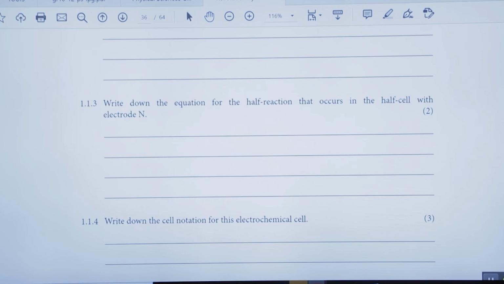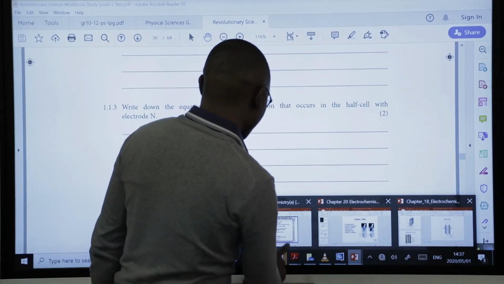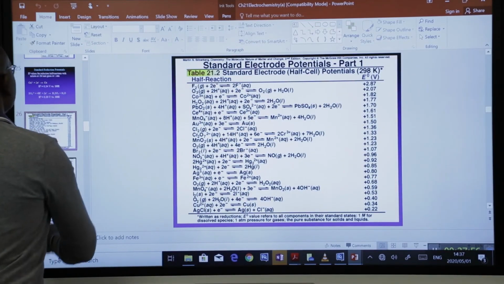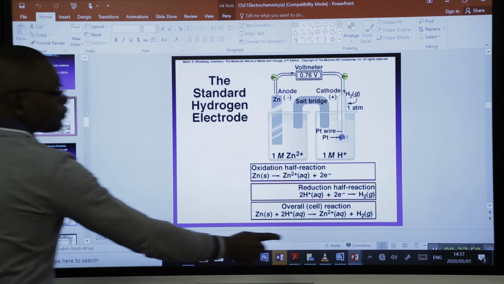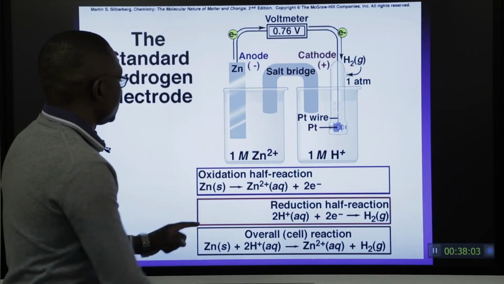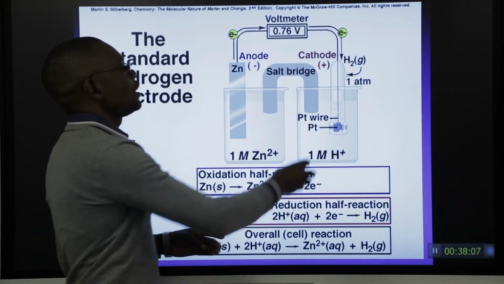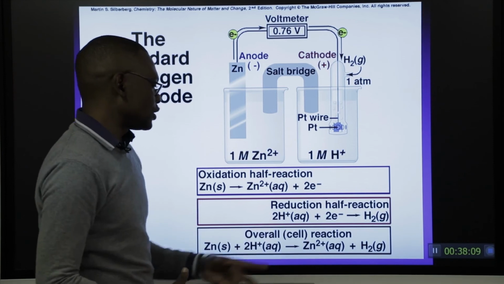Okay. So for us to answer this, like I said, we know that in a voltaic cell, just like we were making representations all along, on the anode, oxidation is taking place, electrons are being lost, and then at the cathode, reduction is taking place.